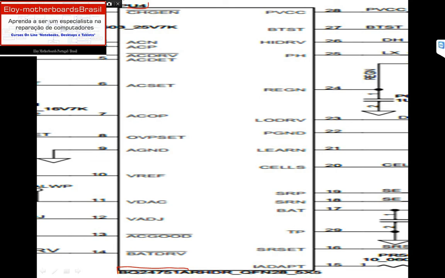Right here, pin 2 ACN is the current sensor of the DC jack, the negative pin. Pin 3 ACP is the current sensor of the DC jack adapter, the positive side.